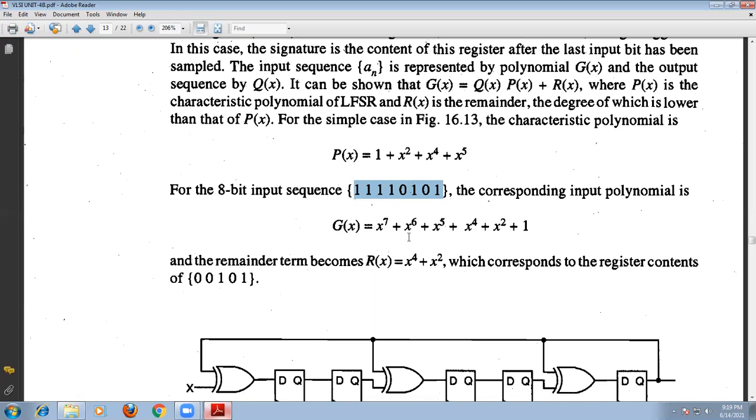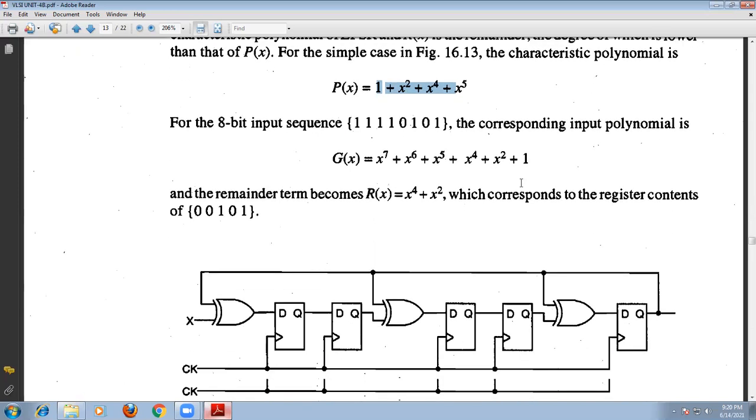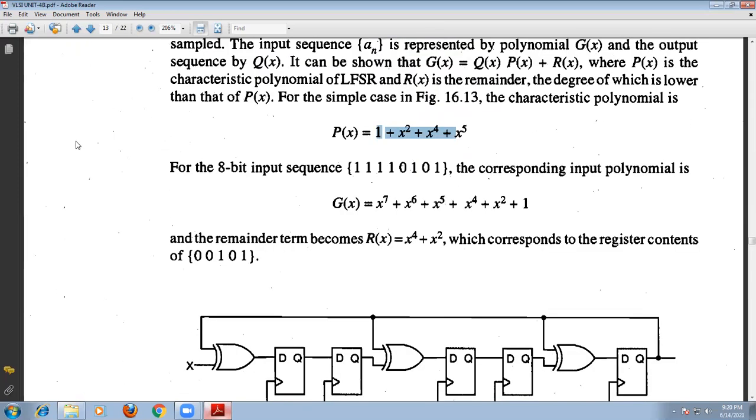Now we are going to divide this generator polynomial by using this characteristic polynomial. We'll assume the characteristic polynomial is 1 plus x square plus x to the power 4 plus x to the power 5. You can write it in the form of higher value to lower value. Therefore, we can divide this one by this one, and we get the remainder x to the power 4 plus x square. For example, you can divide the circuit like this.